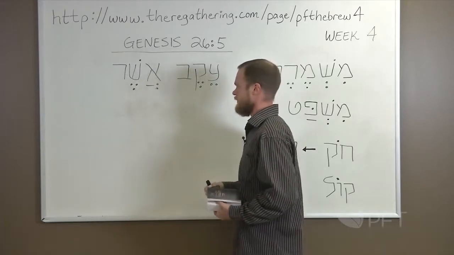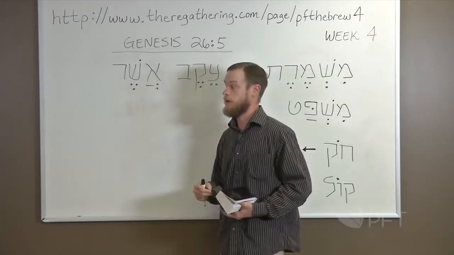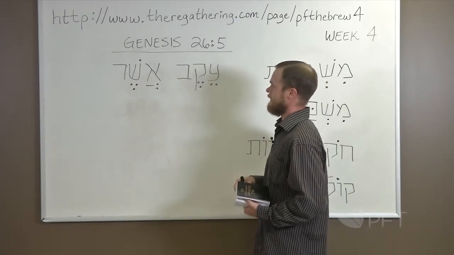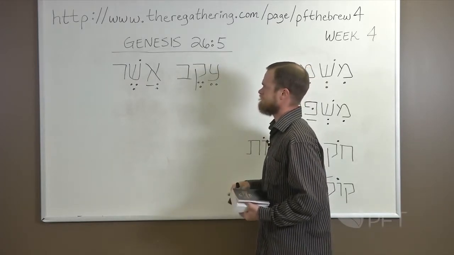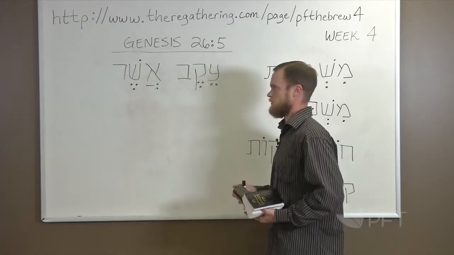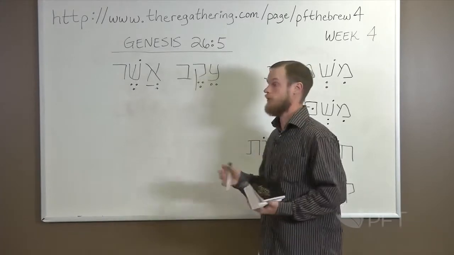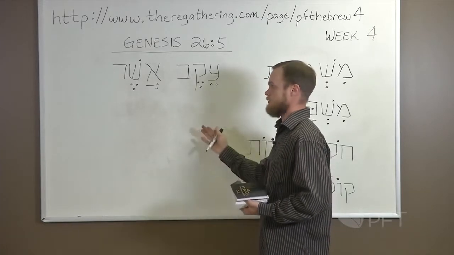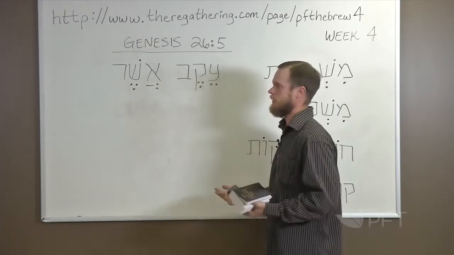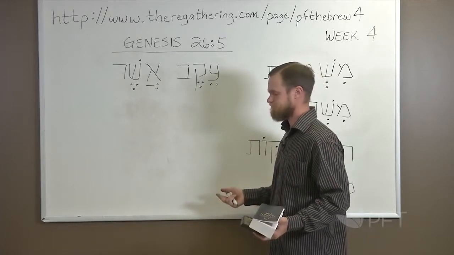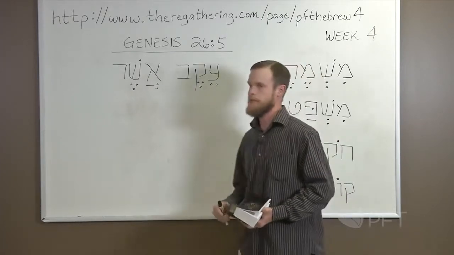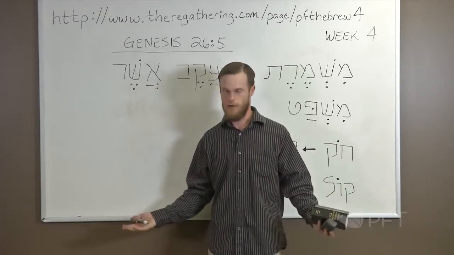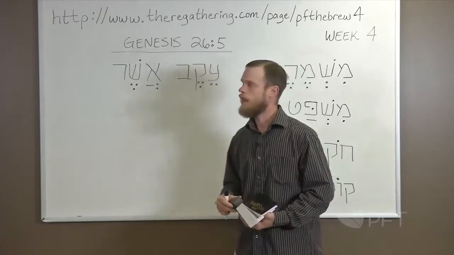it's kind of an awkward phrase in English, but it's sort of an unorthodox way, if you will, of presenting the idea. The verses before this, just to encapsulate them, talk about how God's going to keep His promise to Abraham to multiply his seed, and all the nations of the earth will be blessed through him.